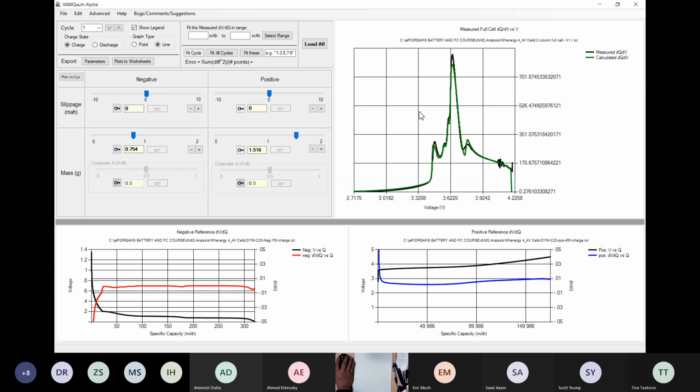So one thing that's really interesting is if you end up getting a lot of impedance growth in cells, the measured and calculated dQdV versus voltage may not match. They may be shifted by a fixed amount. When you plot things versus voltage, impedance growth causes a shift, the IR drop in cells.